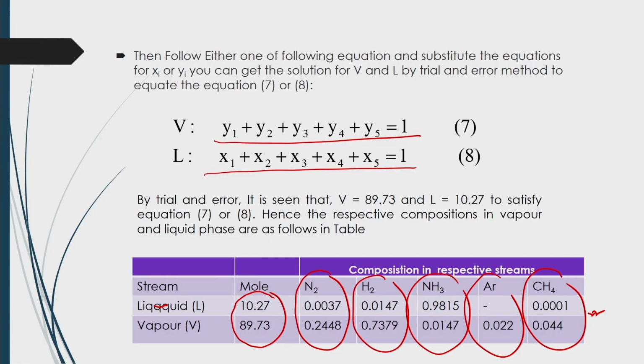You also understood how to find the dew point temperature and bubble point temperature by calculating the vapor pressure by Antoine's equation and substituting it into the equality at equilibrium, where the total pressure is equal to the summation of the partial pressures of the components, and the partial pressure is related to the vapor pressure. Accordingly, you can calculate the dew point and the bubble point temperature based on the vapor pressure.